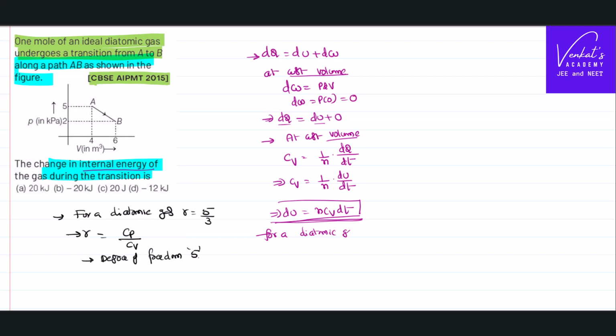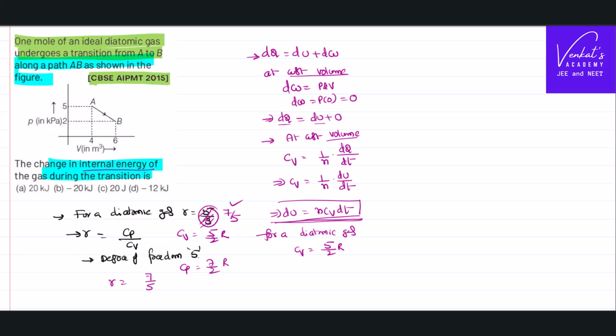For a diatomic gas, Cv equal to 5/2 times of R. I have missed something, that gamma for the diatomic gas is actually 7/5. Its Cv is 5/2 times of R. Its Cp is 7/2 times of R. Therefore, gamma is Cp by Cv, that is 7/5, not 5/3, it is 7/5.